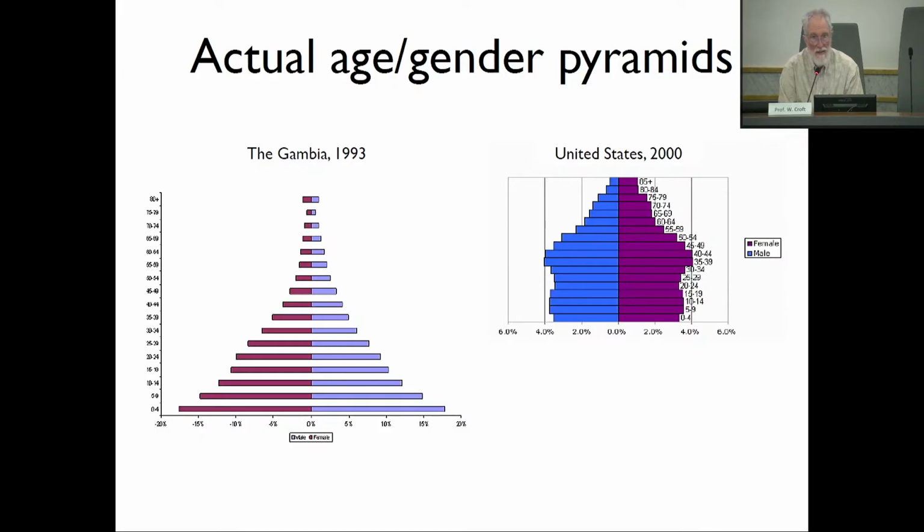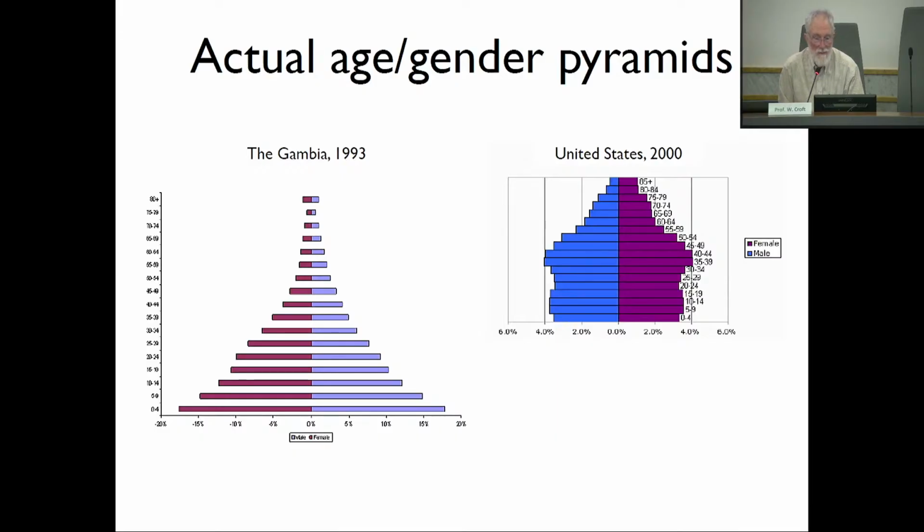One, like in Africa 30 years ago, when you had young populations and not high levels of mortality at older ages. And you'll see that for the older people the numbers are much smaller, even though at the highest end there is some prevalence for males. In the US population in 2000, you have this fatter pyramid.